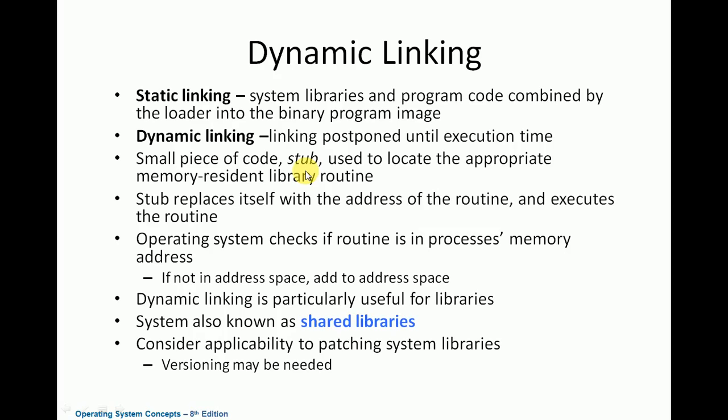So within the main routine, there will be a small piece of code called a stub, which is used to locate the appropriate memory location where the library routine has to be loaded. When the program is executed, at execution time, the stub is replaced with the address of the routine, and that particular routine will be executed.